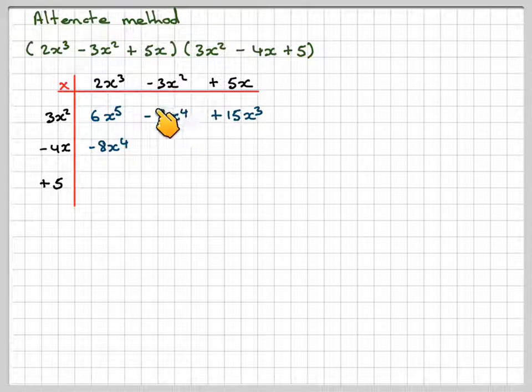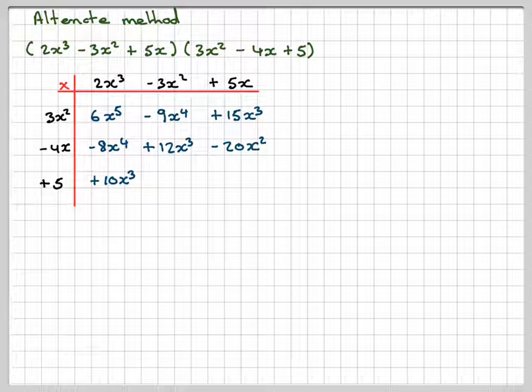Minus 4x times minus 3x squared gives me plus 12x cubed. Minus 4x times 5x gives minus 20x squared, and then 5 times 2x cubed gives 10x cubed. 5 times minus 3x squared gives minus 15x squared, and then 5 times 5x gives 25x.